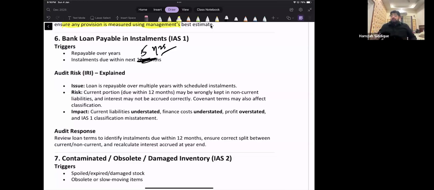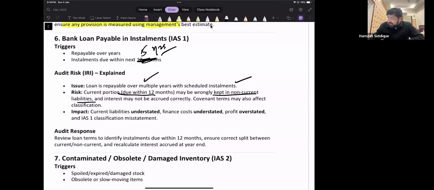First of all, the issue: the loan should be split into current liability and non-current liability. And interest should be calculated correctly. So the current portion may not be correctly recorded.